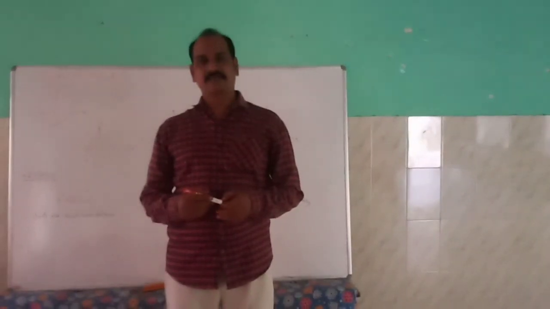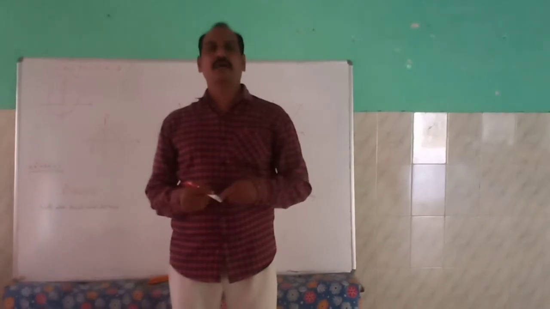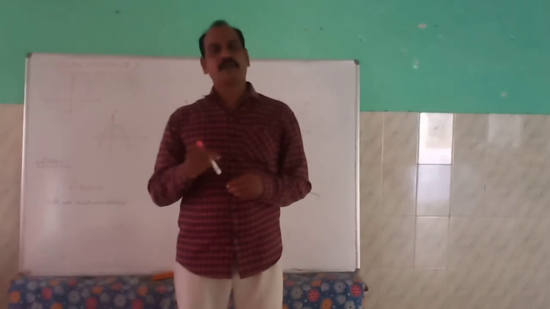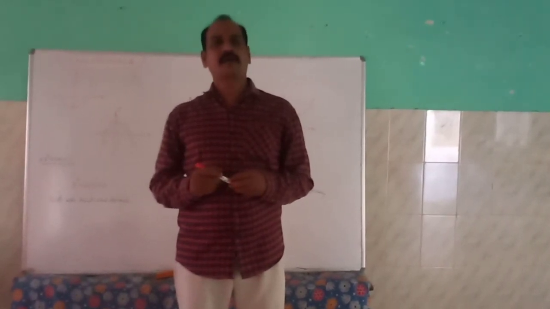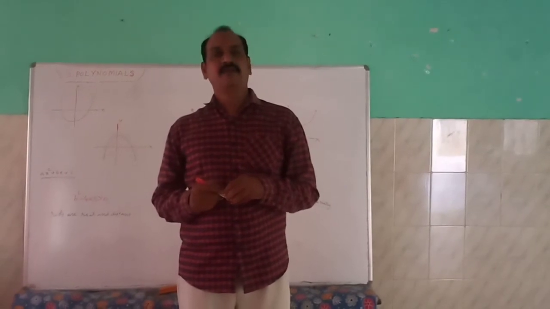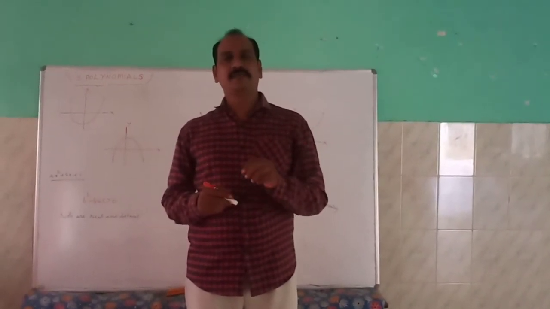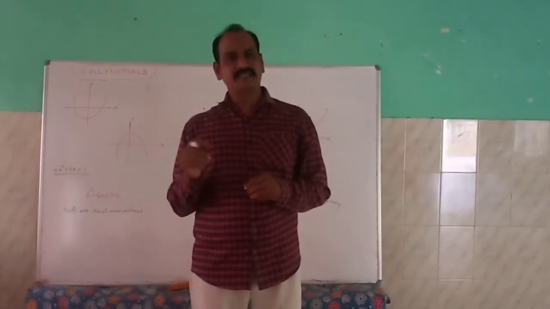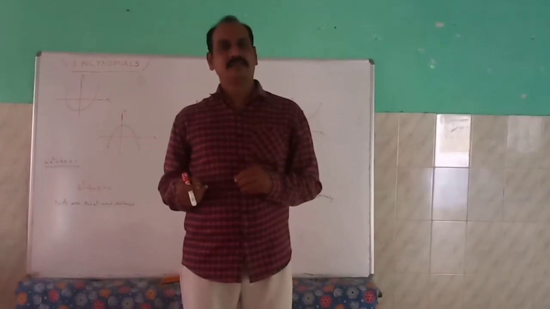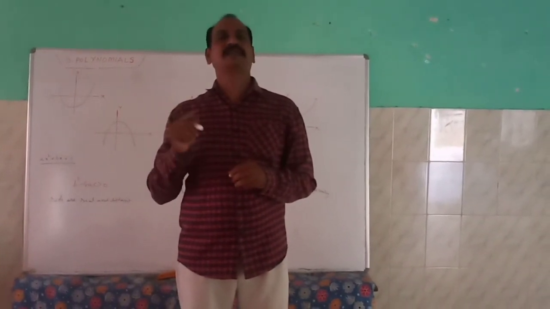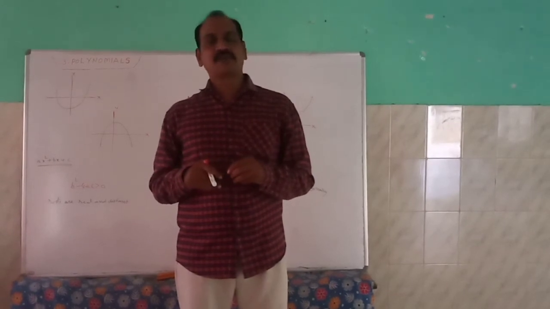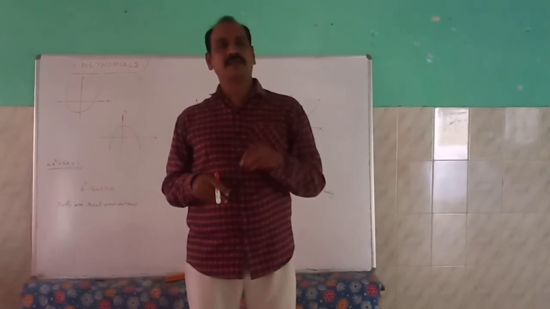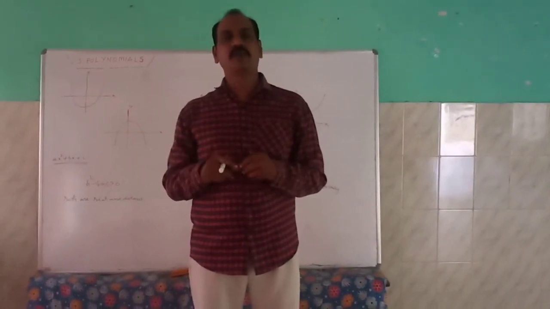For ax square plus bx plus c, how is the parabola drawn? The parabola may meet the x-axis at 2 points, at only 1 point, or not at all. How is that possible? First, if b square minus 4ac is greater than 0, the roots are real and distinct, and the parabola meets the x-axis at 2 points. If the discriminant b square minus 4ac equals 0, the roots are real and equal, and the parabola meets the x-axis at only 1 point.